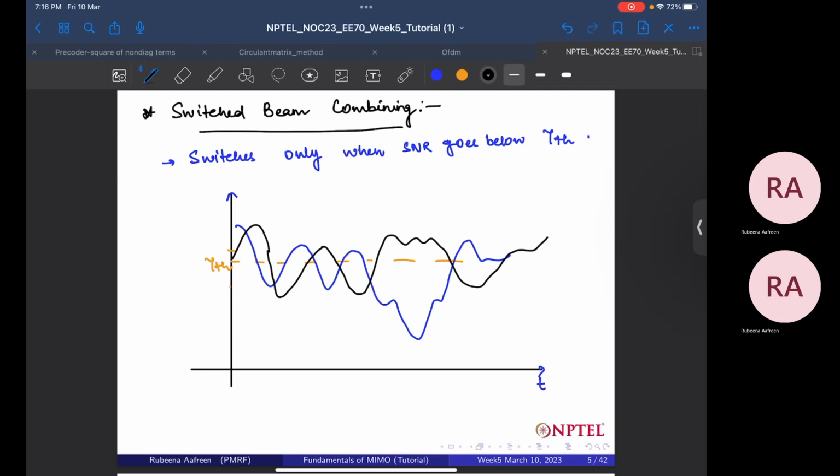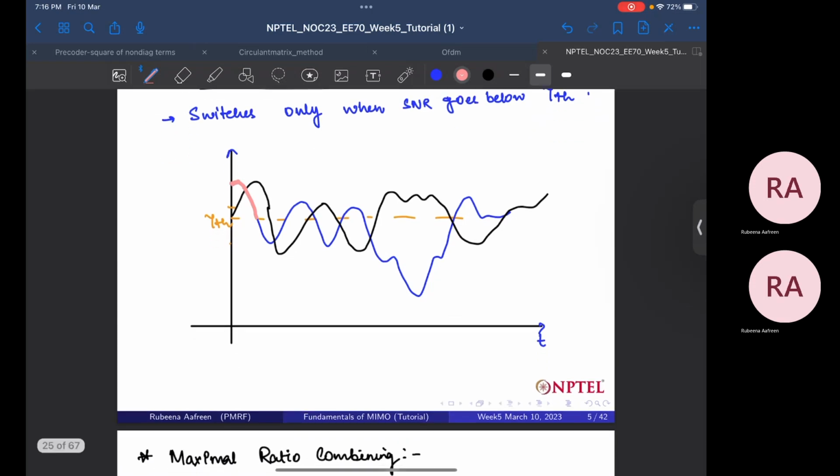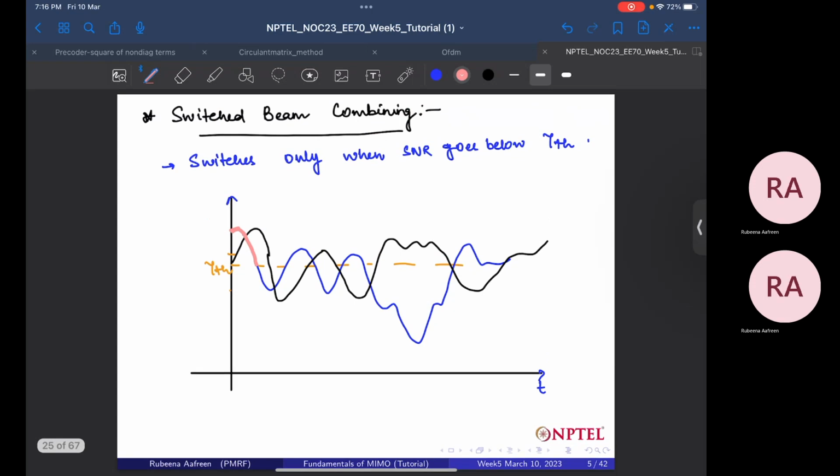So what switched beam will do is that only when the signal goes below the threshold will it make a decision and switch. Suppose here it is going from blue. Here it will not switch, it will go with this. But here it goes below the threshold, and immediately it will see if the other channel is giving more output power. So immediately it will switch, then it will follow this one.